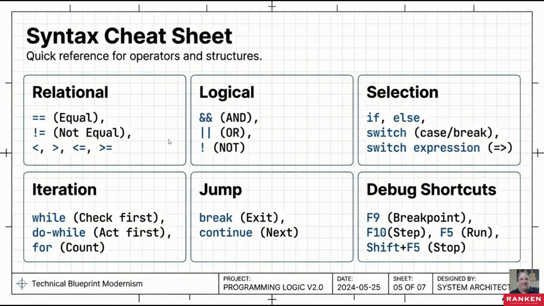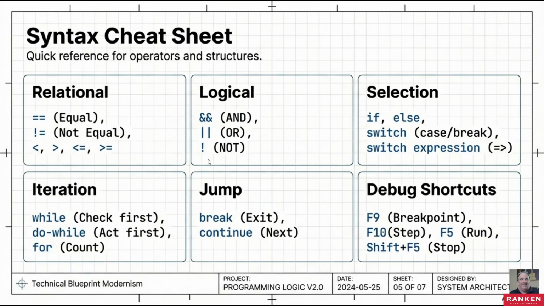Okay, so here's kind of a syntax cheat sheet, a quick reference for operators and structures. For relational operators, you've got the double equals, not equal, the less than sign, the greater than sign, less than or equal, and greater than or equal. These are all called relational operators. Your logical operators are the and, the or, and the not.